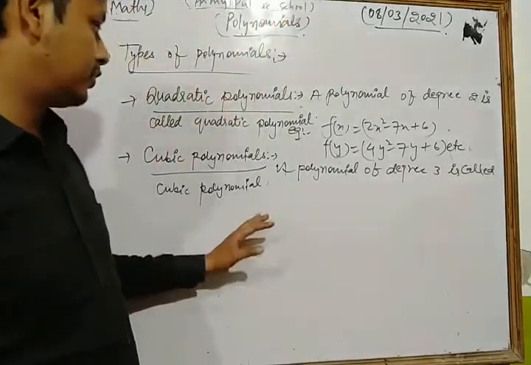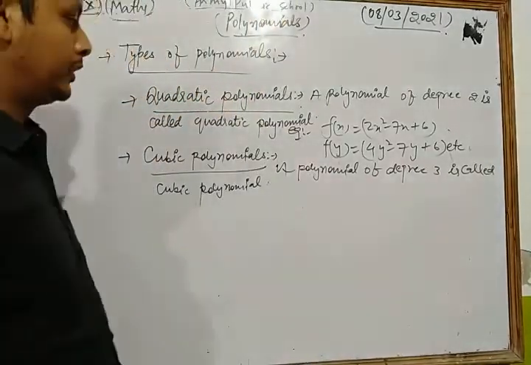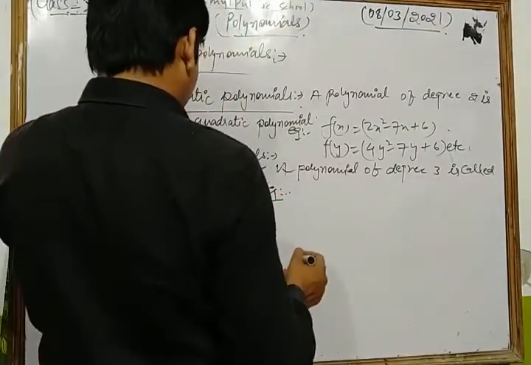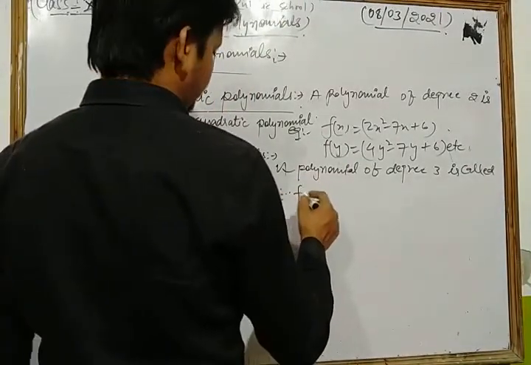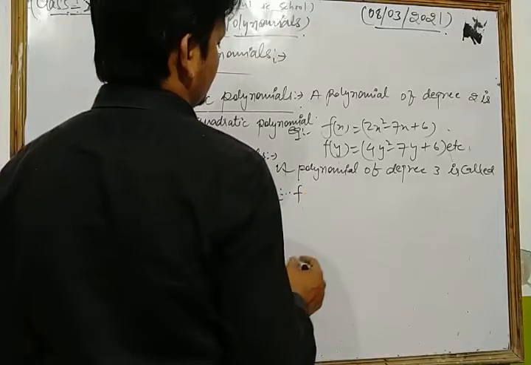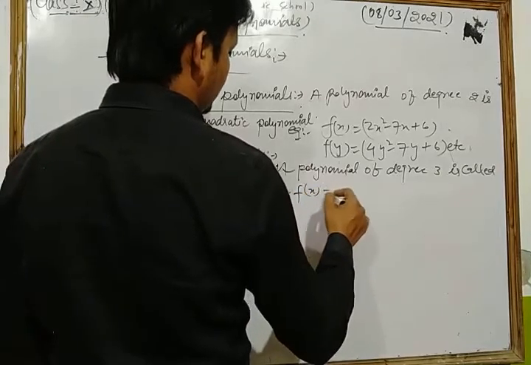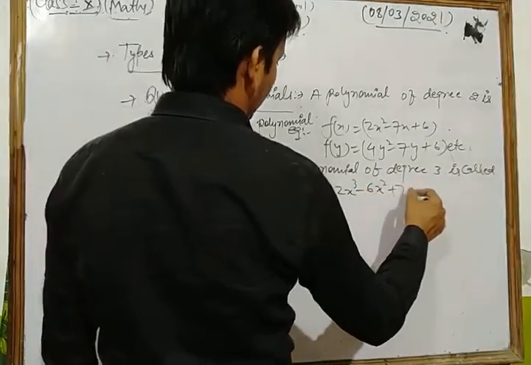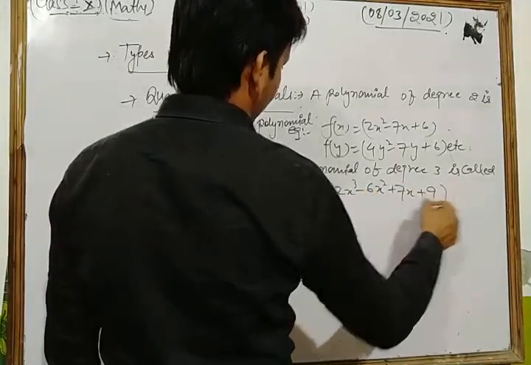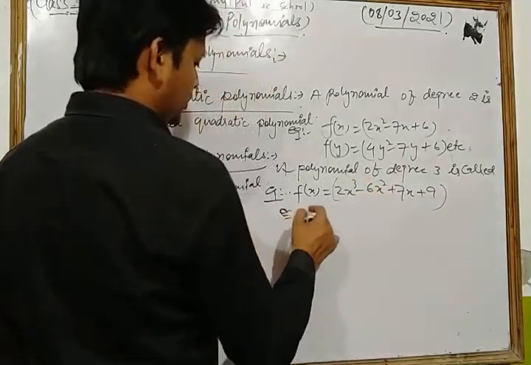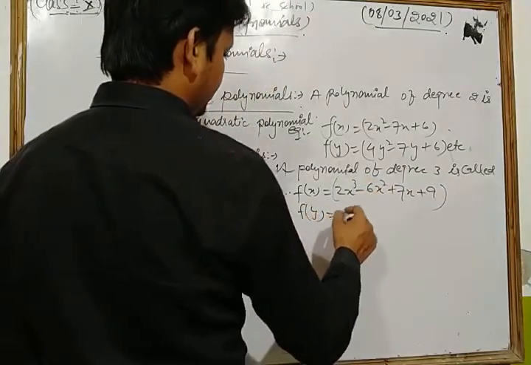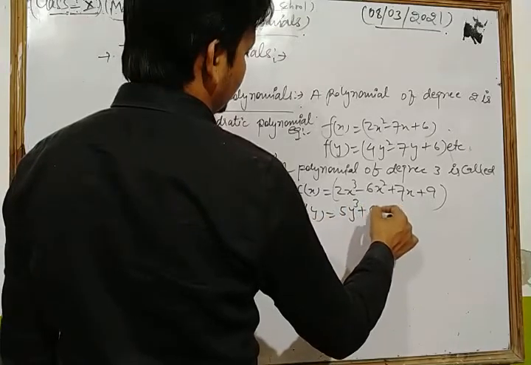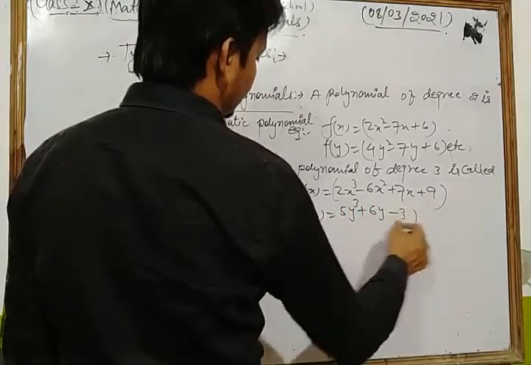So this is the concept of cubic polynomial. Now we take some examples of cubic polynomials: f of x equal to 2x cube minus 6x square plus 7x plus 9, or in terms of y, f of y equal to 5y cube plus 6y minus 3.